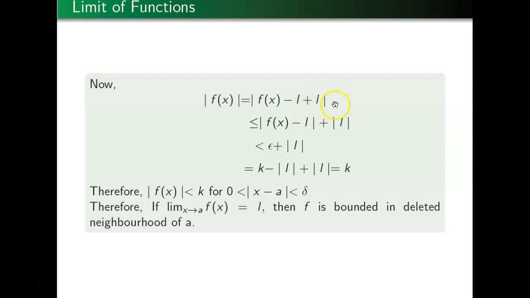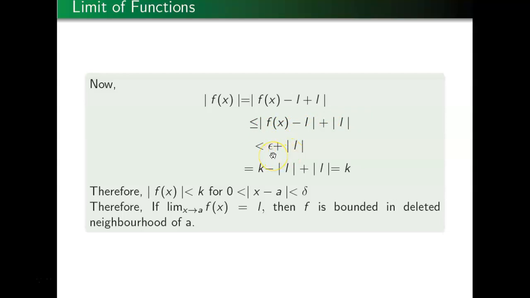The triangle inequality says that mod a plus b is less than or equal to mod a plus mod b. So this will be less than or equal to mod f(x) minus L plus mod L. By the epsilon delta definition of limit, mod f(x) minus L is less than epsilon, plus mod L written as it is.